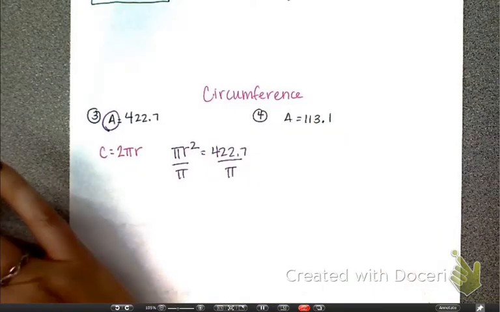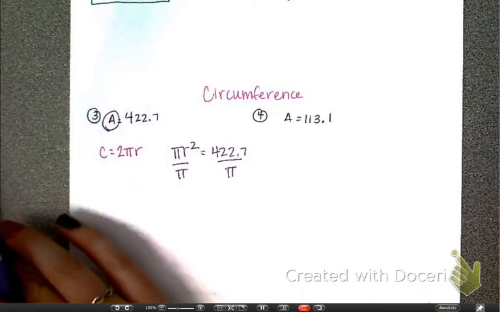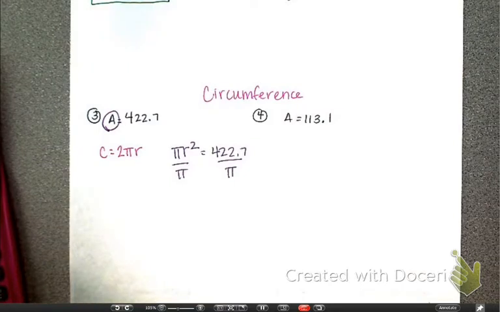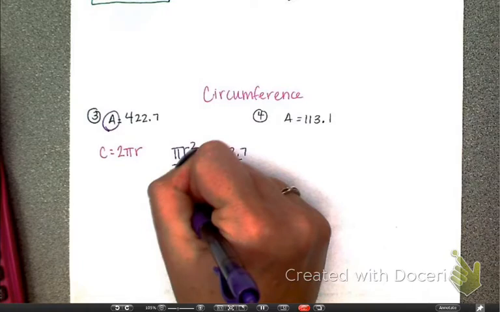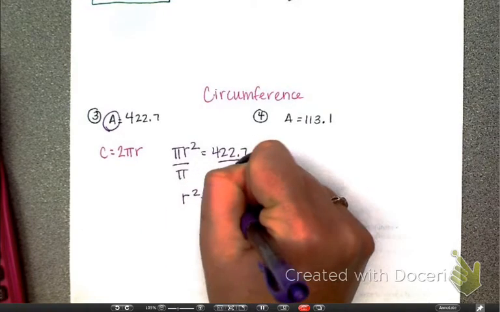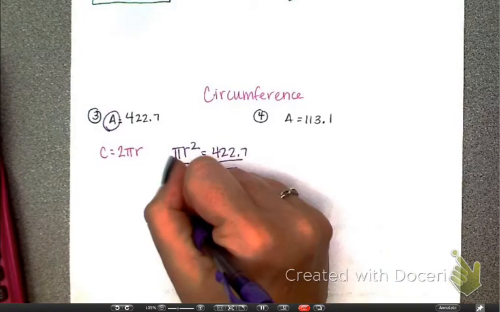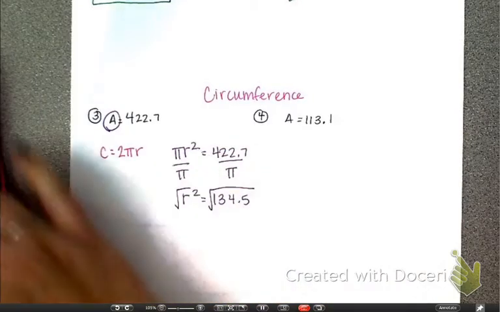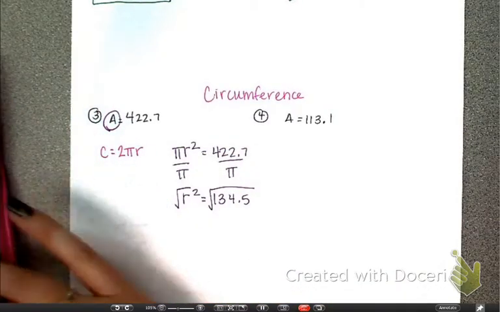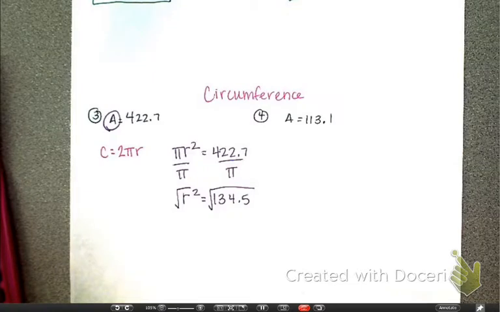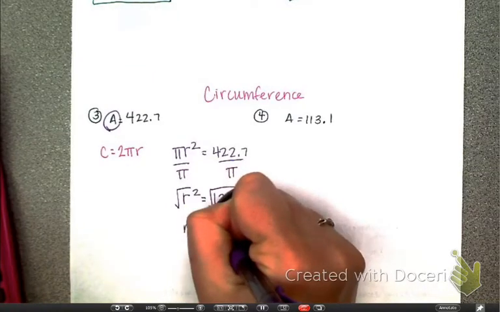So 422.7 divided by pi, I'm getting 134.5. Okay, so r squared equals 134.5. R is still not by itself. So what am I going to do? Square root. So the square root of 134.5, 11.6.